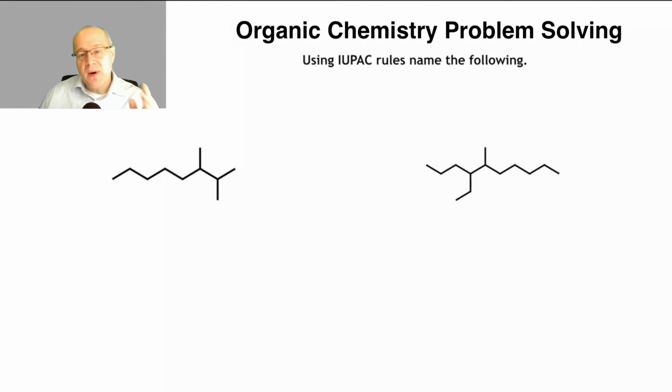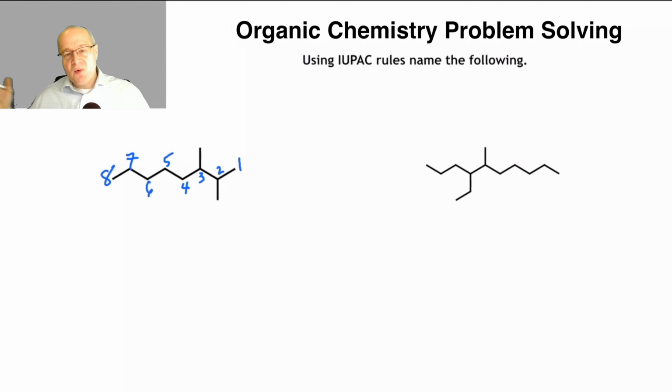The rule for numbering carbons in a chain is you always start at the end closest to the first substituent. So that's obviously going to be this carbon right here. 1, 2, 3, 4, 5, 6, 7, and 8.